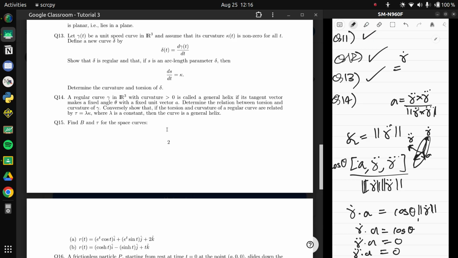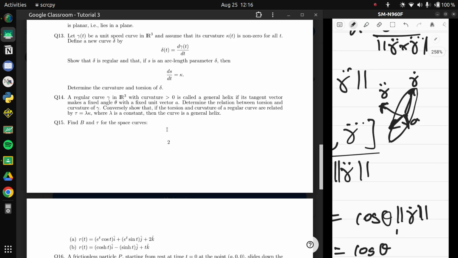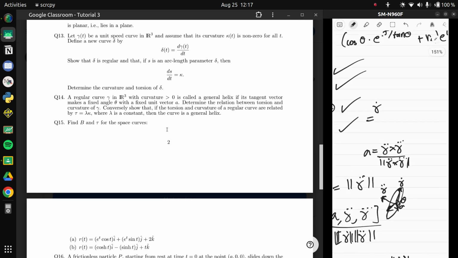And both of these are in the plane which is perpendicular to A, and A is in the plane which is perpendicular to gamma double dot. What is even going on? So it's a constant angle theta at all times. That's interesting. We know that A is perpendicular to gamma double dot, so it can only be in the plane like this. That's just geometry, it seems.